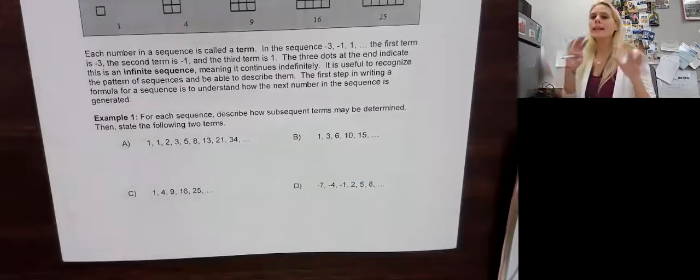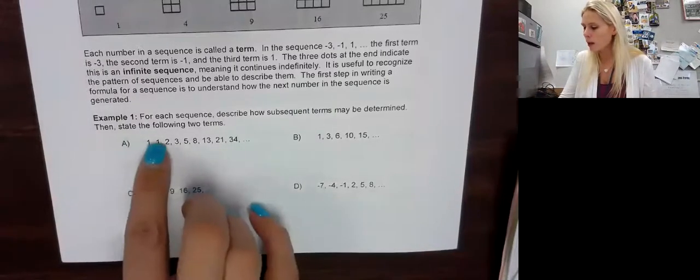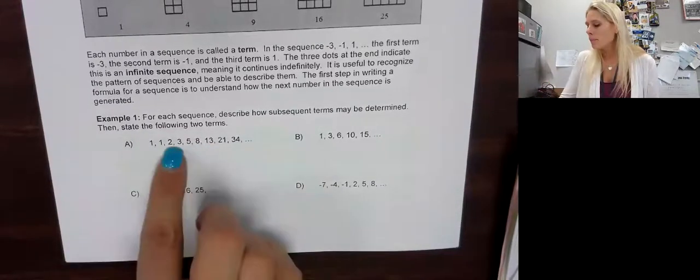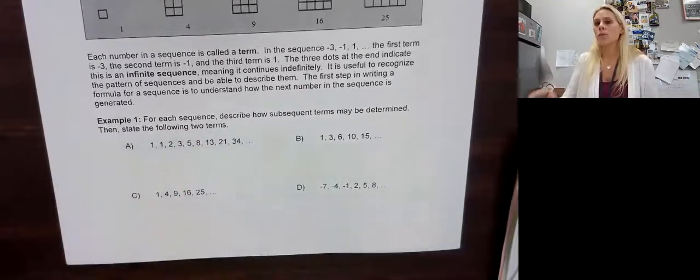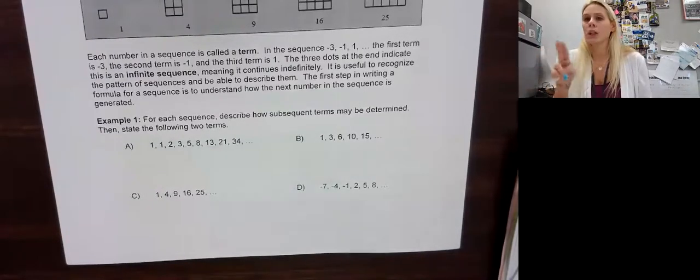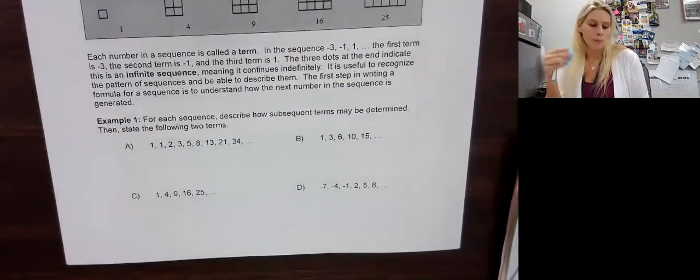So let's keep an eye out for this pattern. For A, we have 1, 1, 2, 3, 5, 8, 13, and so on. Because it's 1, 1, and then 2, I automatically know it's not going to be arithmetic or geometric. And I'll go over those terms again if they sound unfamiliar.